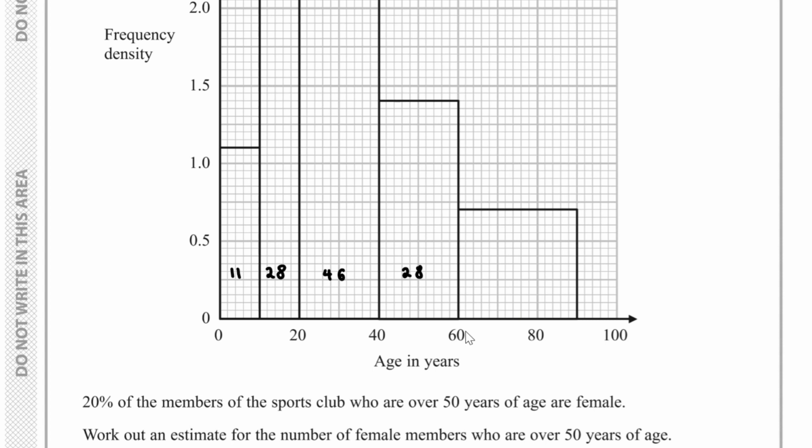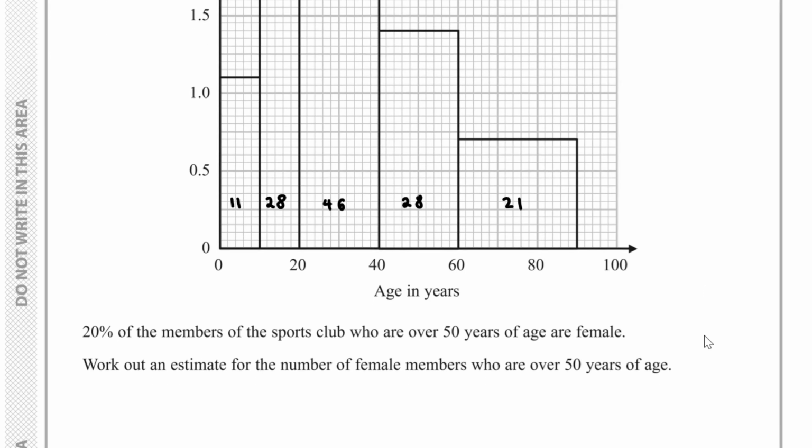And here we've got 30 multiplied by 0.7, which is 21. What we also know is that 20% of the members of the sports club who are over the age of 50 are female.